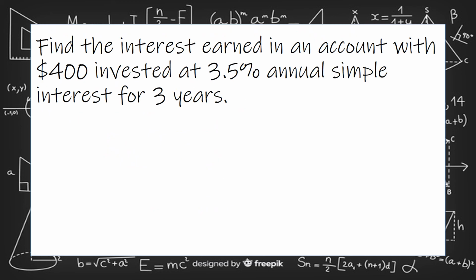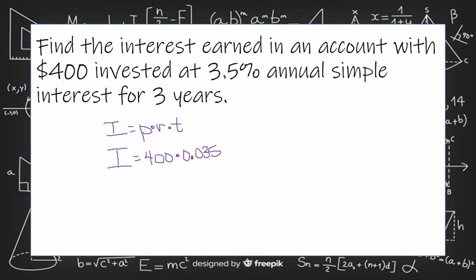Find the interest earned in an account with $400 invested at 3.5% annual simple interest for 3 years. So simple interest is I equals the principal times the rate times the time. Okay, so the principal is the amount you invested, that's 400, times the rate, we're going to say 3.5%, so 0.035.